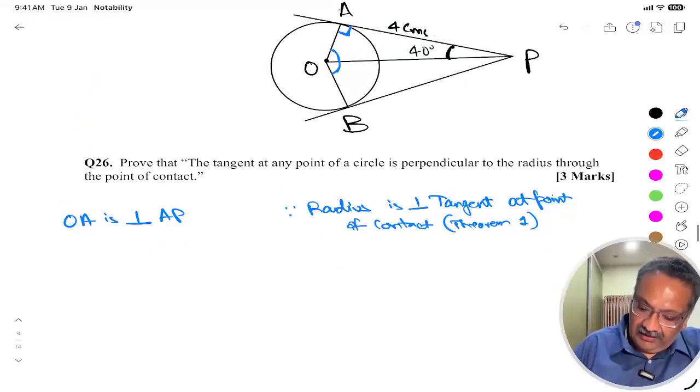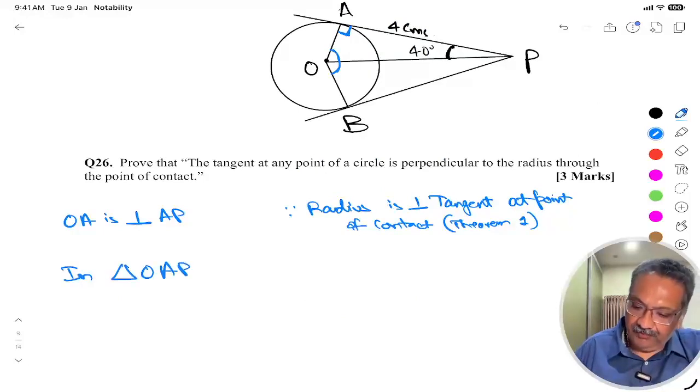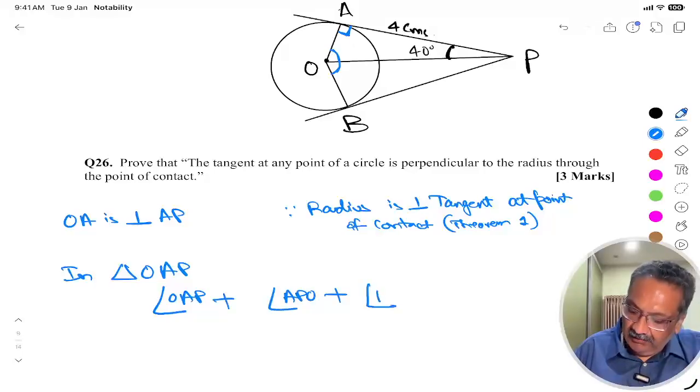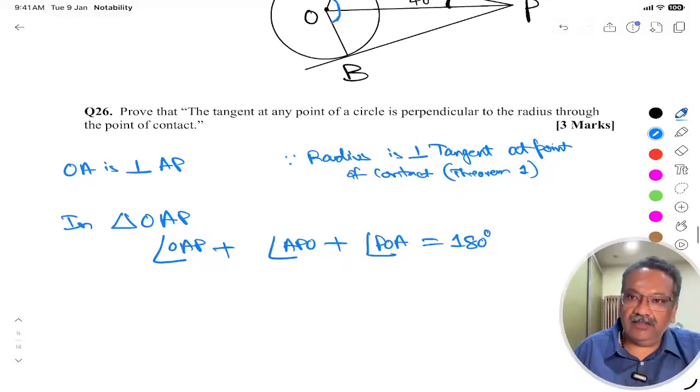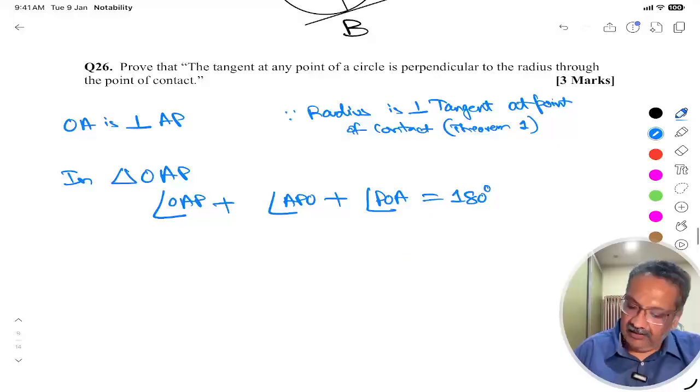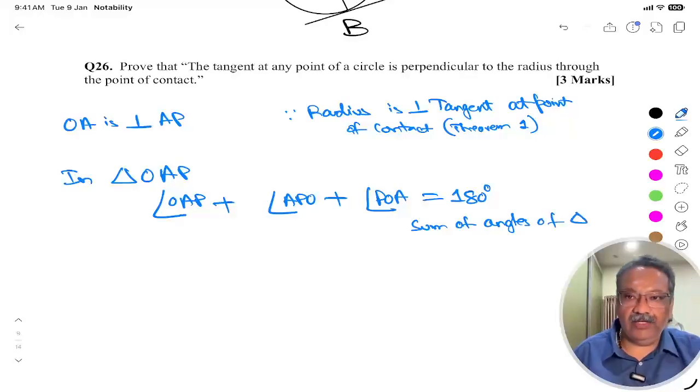So in triangle OAP we have angle OAP plus angle APO plus angle POA is equal to 180 degrees. Reason being, the sum of angles of a triangle is 180 degrees.